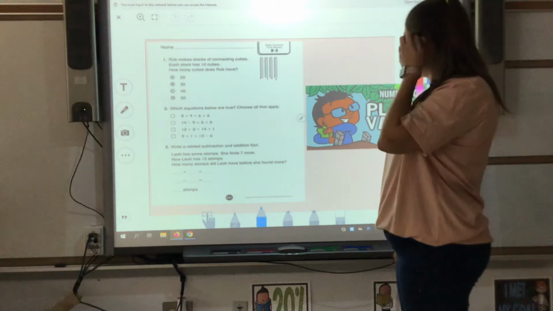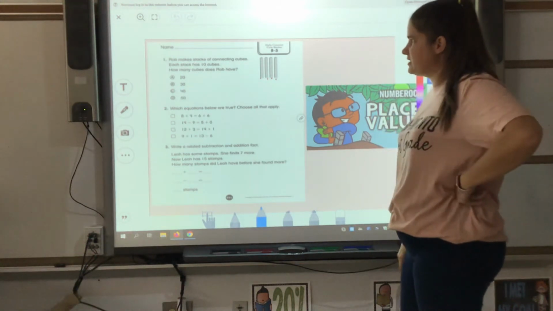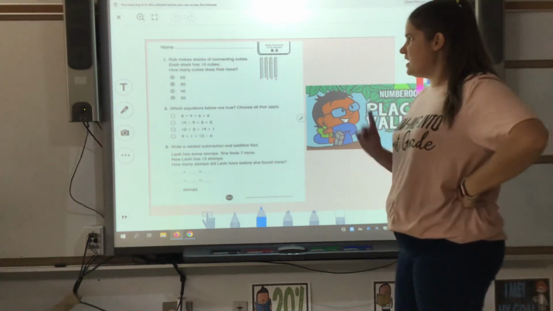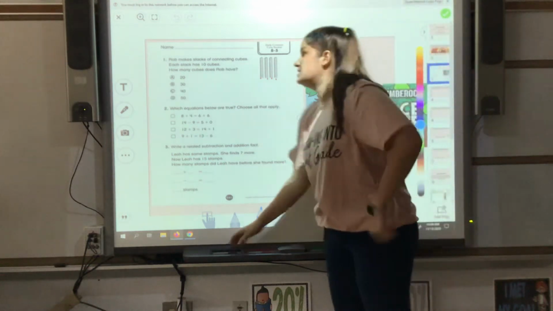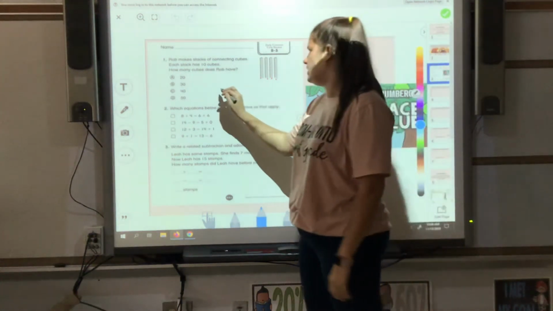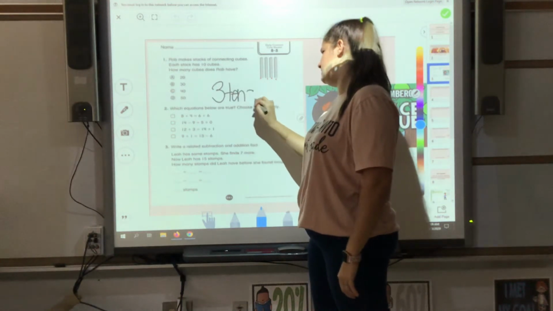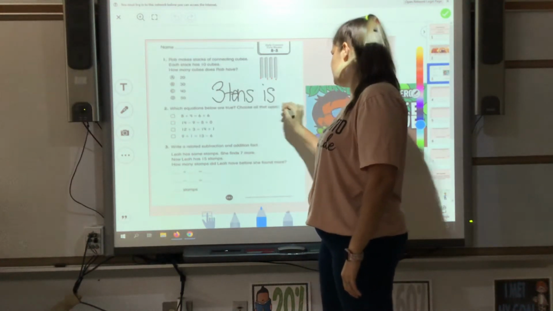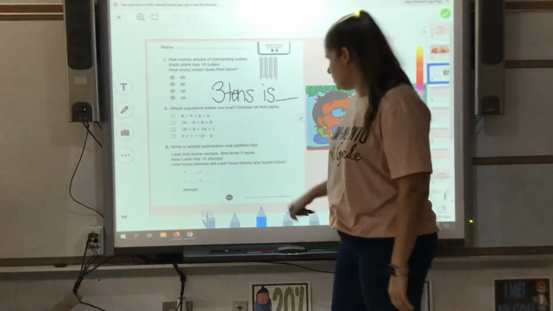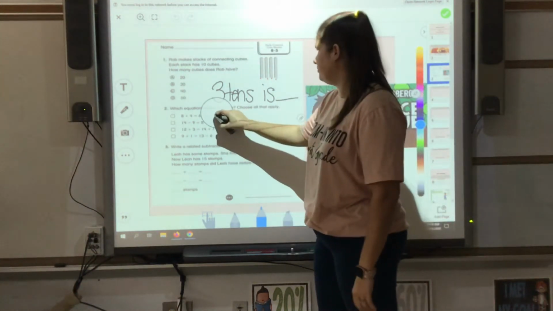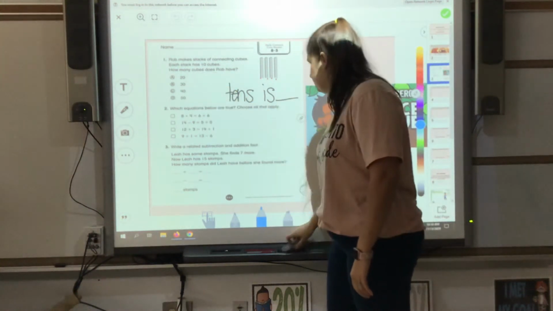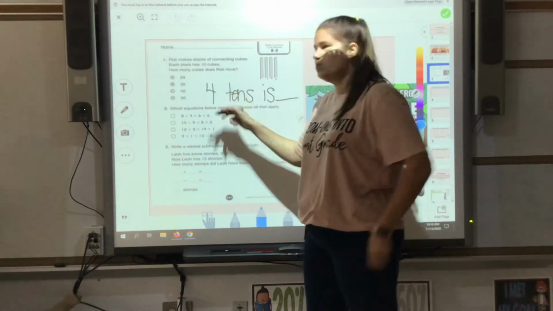Okay, so our review. Rob makes stacks of connecting cubes. Each stack has 10 cubes. So he has 3 tens. So 3 tens is, take a second, no, that's 4 tens. Silly Miss Harold, you need to count. 4 tens is equal to what?